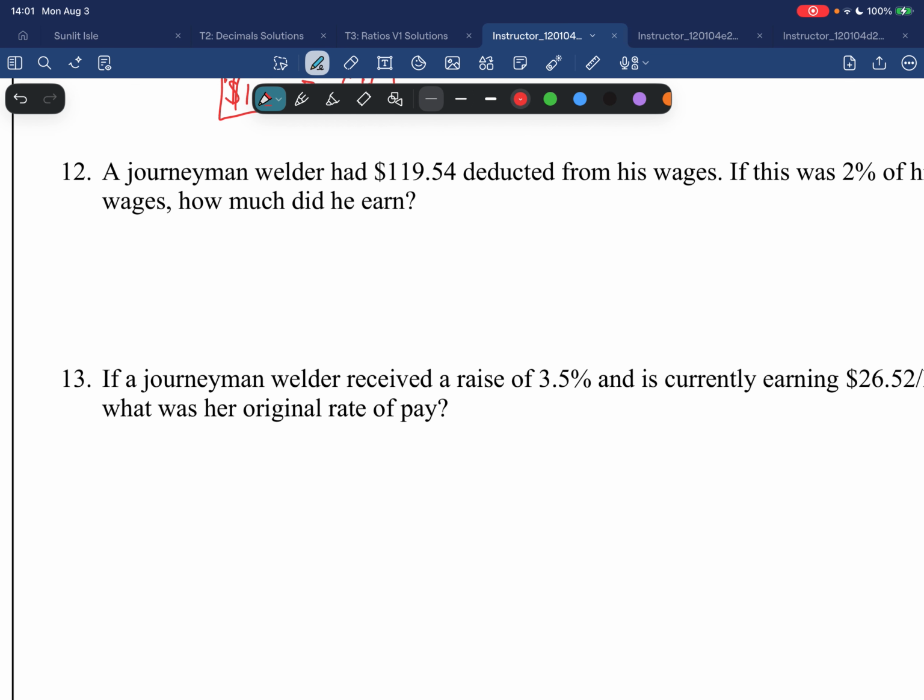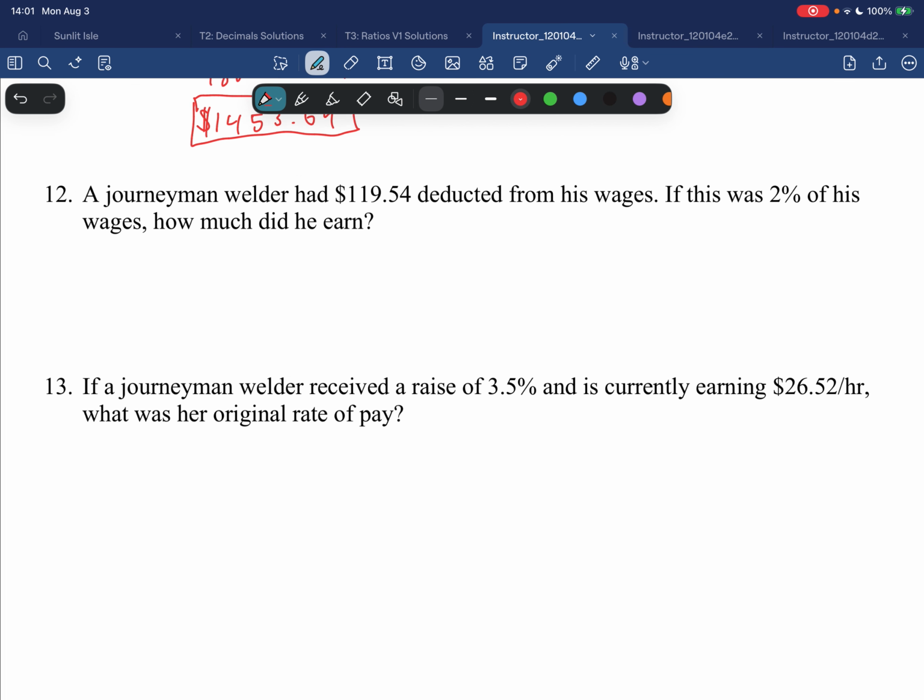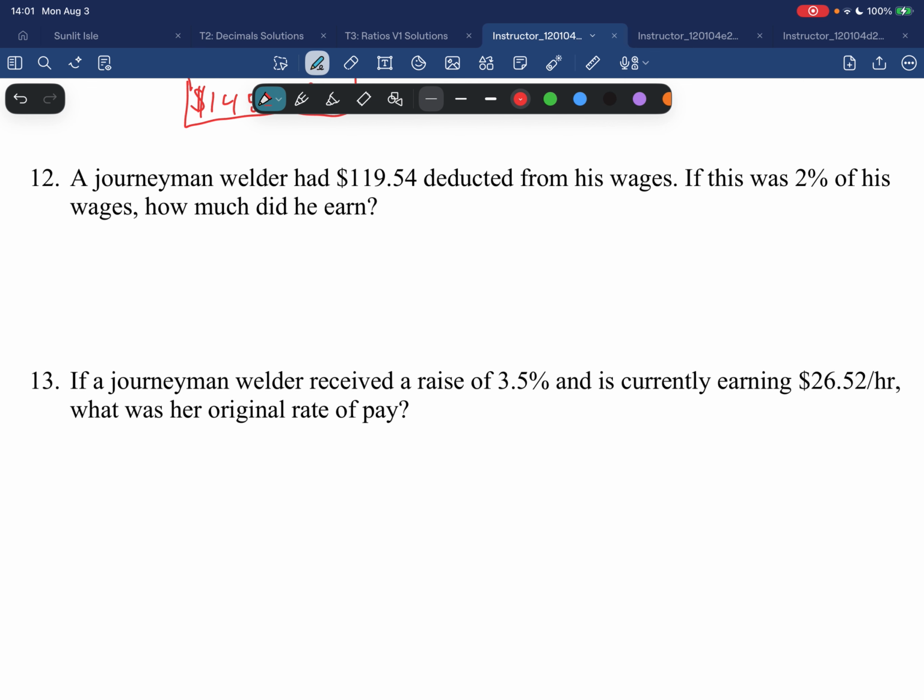Question 12. There we go. A journeyman welder had $119.54 deducted from his wages. If this was 2% of his wages, how much did he earn? So again, this is very, very similar, basically identical to questions 9 and 10 and 11A.